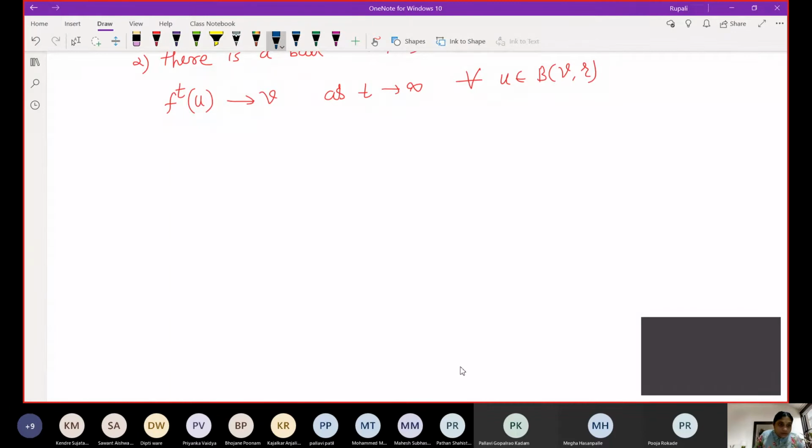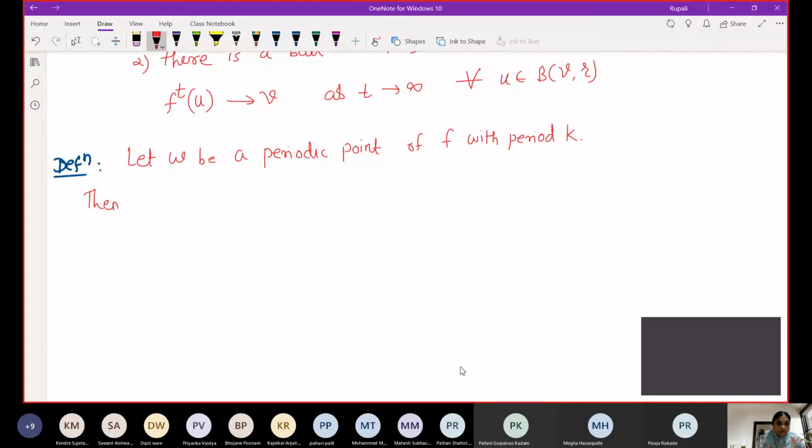Definition: Let W be a periodic point of f with period k.